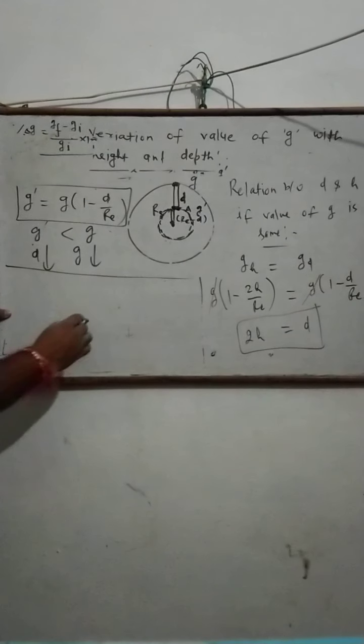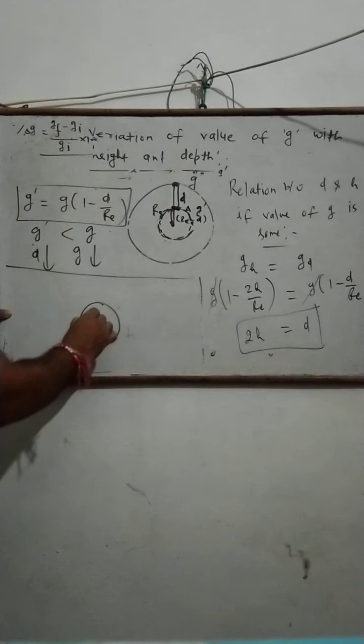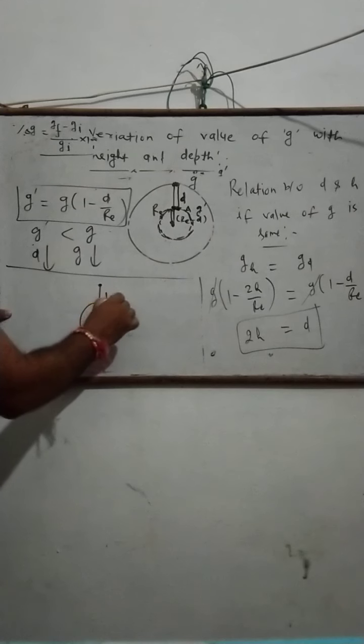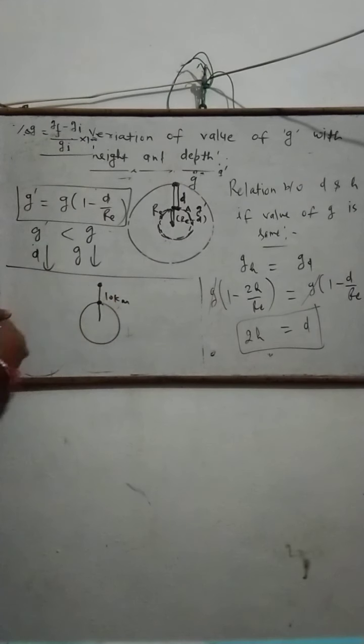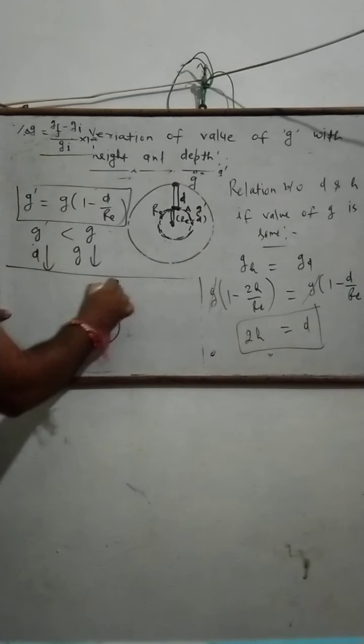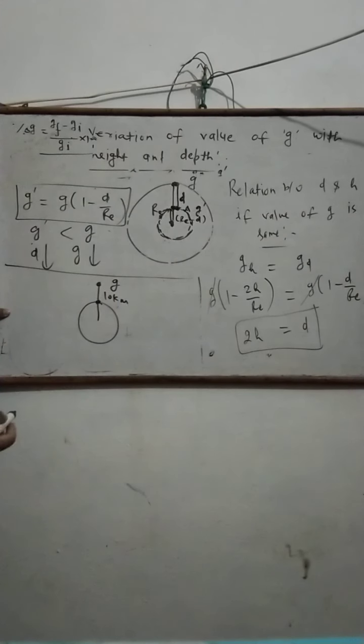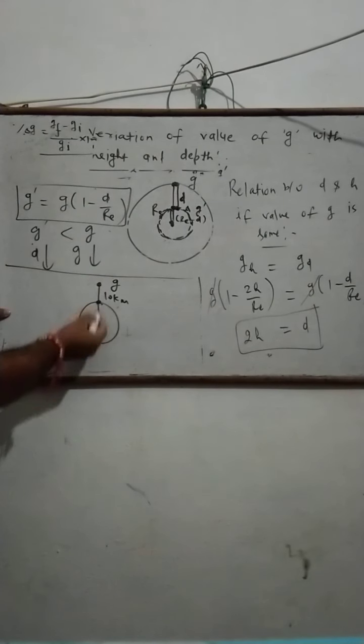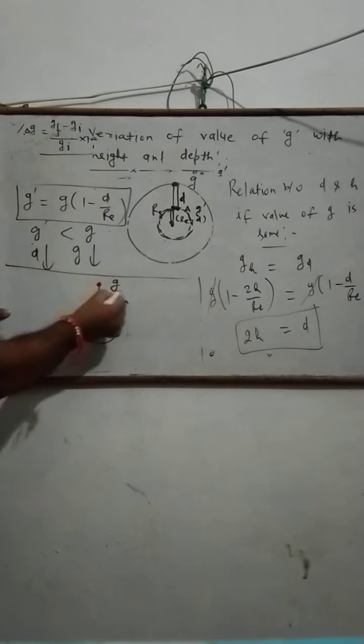So you can also see a question here. If you are 10 kilometers above the surface of earth and have some value of gravitational acceleration g, what will be the depth inside the earth's surface where the same value will be found?